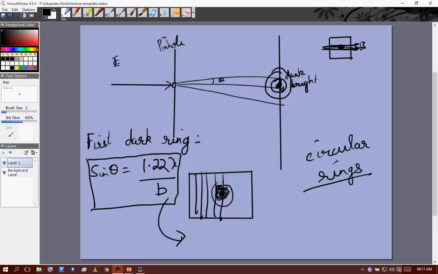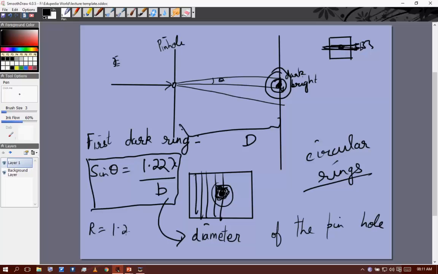What is b? Earlier it was the width of the slit, now it's the diameter of the pinhole. And obviously if this total distance is d, then for the first dark ring, sine theta will be 1.22 lambda by b, and its radius will be 1.22 lambda by b times d. Right, that's something which we saw in one of the very first videos of 11th class, that this radius multiplied by this distance is this angle, right?